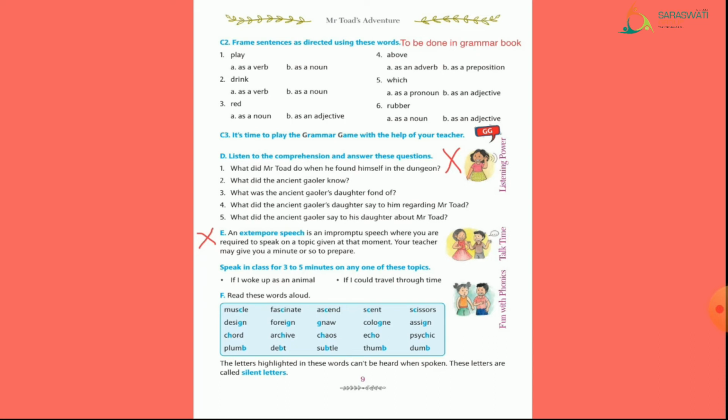Number 4, above. The word above, we have to make two sentences. One is where above is acting as an adverb, and the second sentence we have to make above as a preposition. Okay, so let us first make the sentence with above as an adverb.